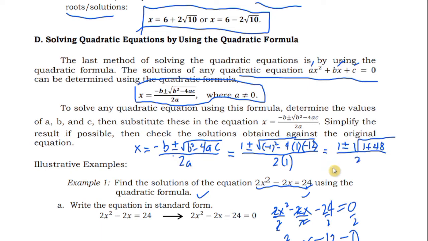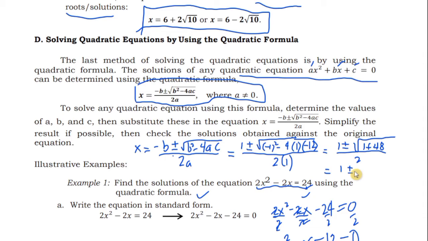So we now have 1 plus or minus the square root of 49 all over 2. So we now have 1 plus or minus 7 because the square root of 49 is 7.